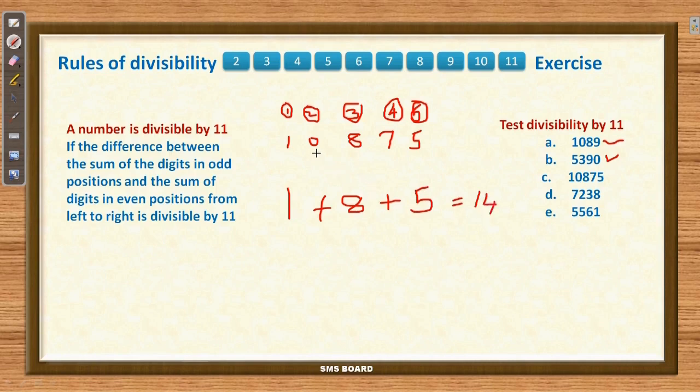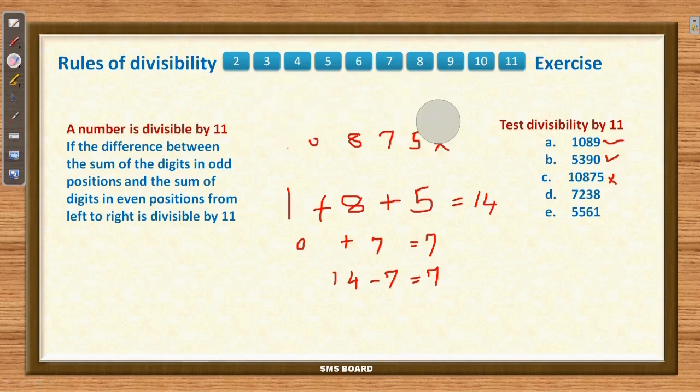Now the even position digits are 0 plus 7, that is equal to 7. The difference is 14 minus 7, the difference between the sum of digits in odd positions and the sum of digits in even positions, that is equal to 7. If this difference is divisible by 11, the given number is divisible by 11, but 7 is not divisible by 11, so this number is not divisible by 11.